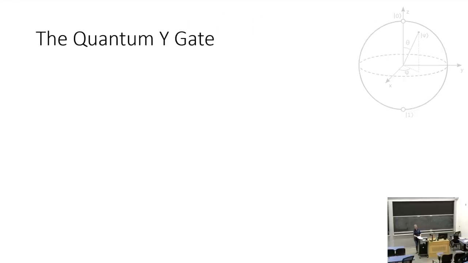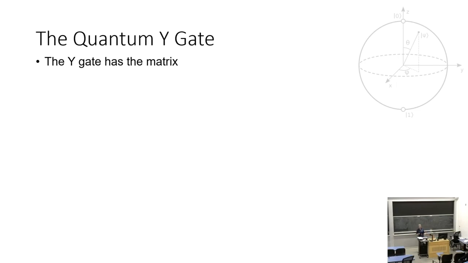Okay, what about the Y gate? So the Y gate has the matrix sigma y equals [0, minus i; i, 0]. We can pull the i out if we want: i times [0, minus 1; 1, 0].